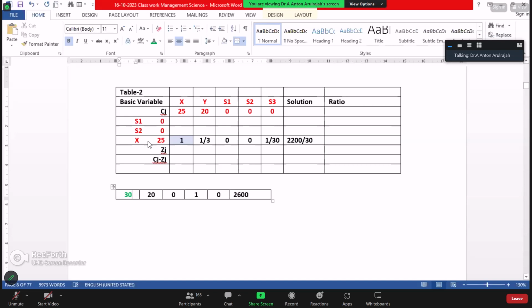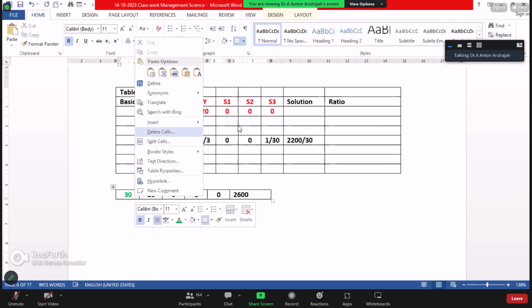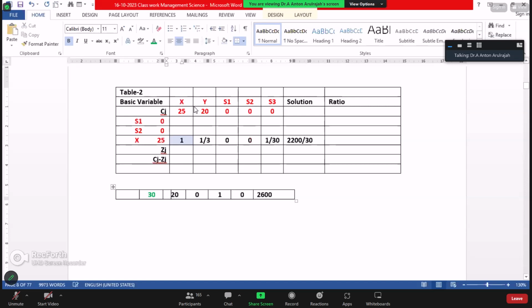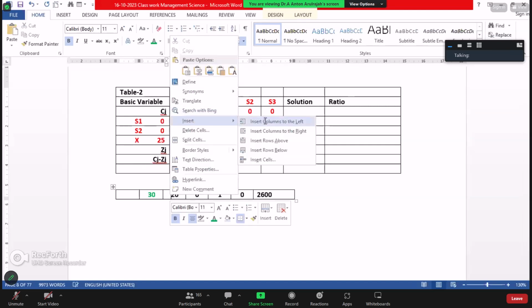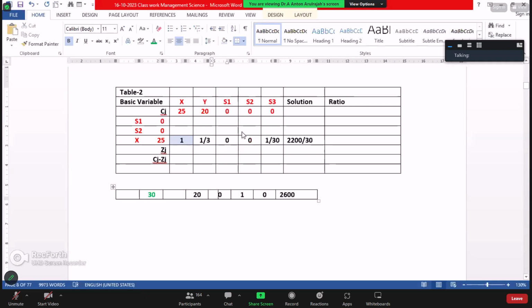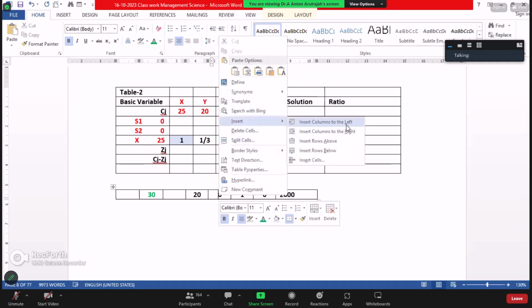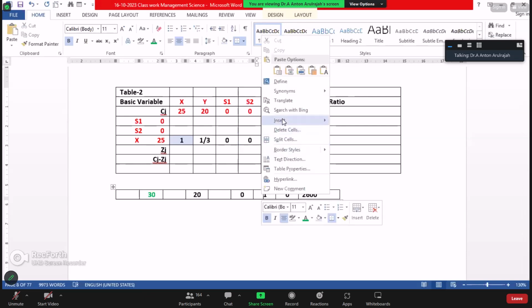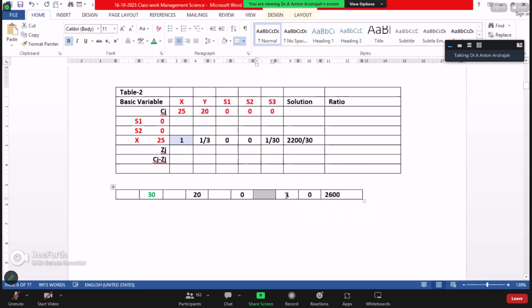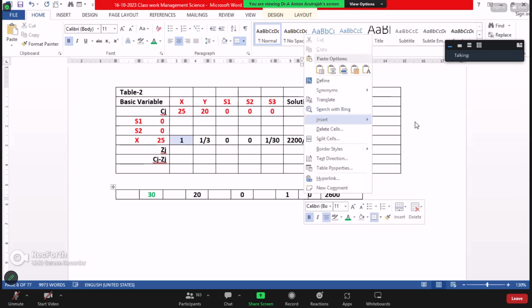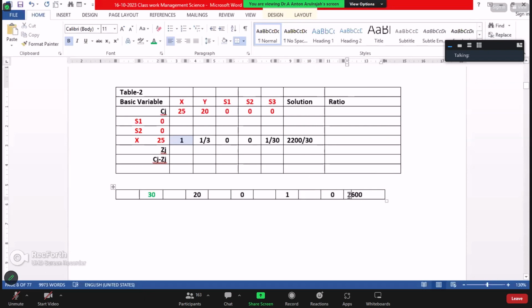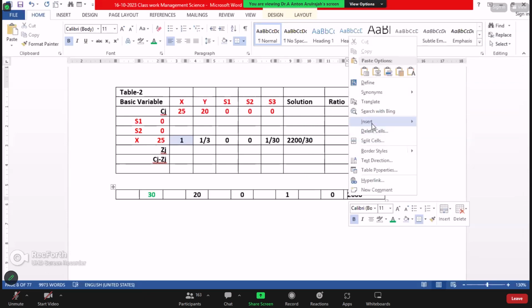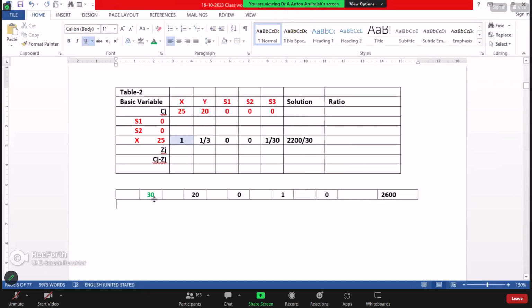So therefore, I easily put the column on the left side for all the values. This one I got from table number 1. It shows where we have got this value. For the calculation purpose, I have inserted it on the left side.